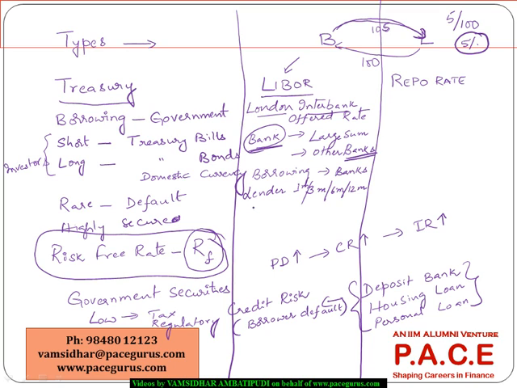Typically it is seen that compared to a treasury, the default rate for banks is slightly higher, because it's not the government, it's a bank, which is a commercial setup. Generally we see that they have a credit rating of AA, whereas the treasury you can look at as almost AAA, which means the default levels are almost zero.